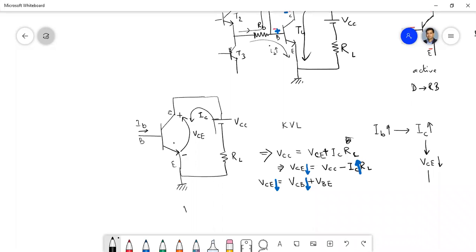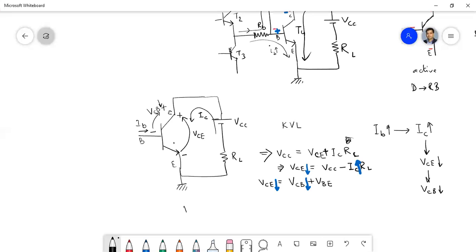That means less collector base voltage, VCB, so that will reduce. At some point it will be 0 and then it will be reversed.